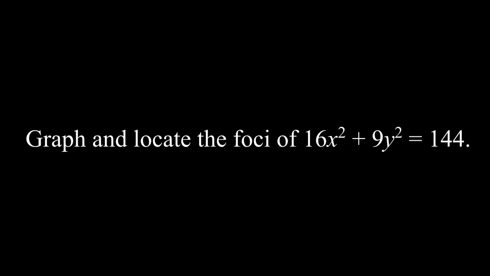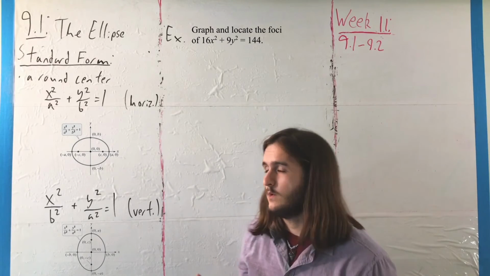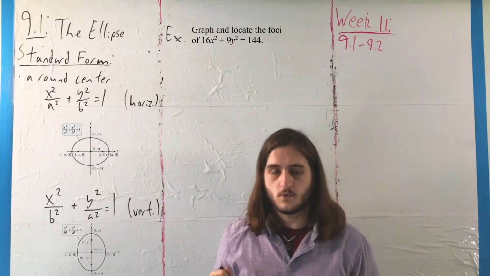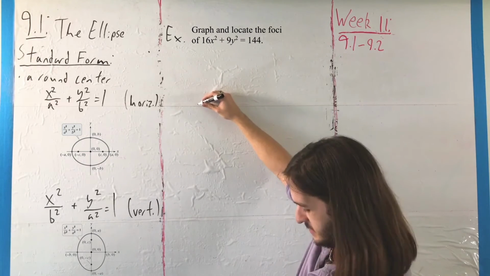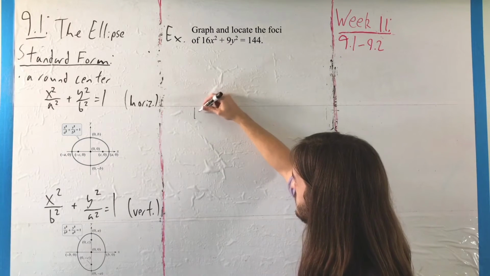So for this example, we want to graph and locate the foci of the equation 16x squared plus 9y squared equals 144. For this, we want to start by getting it into a more standard form.